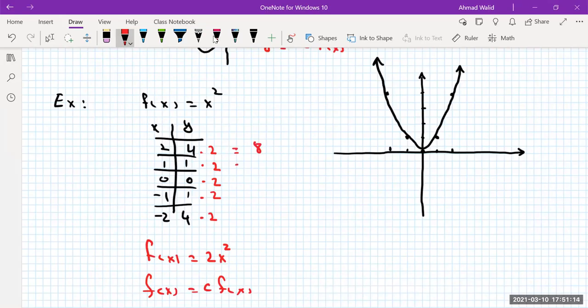It gives you 0, 2, 8, 2, 8. Now, when x is 0, y is 0. When x is 1, y is 2. When x is 2, y is 8, somewhere here, correct? And -1 and 2, -2 and 8. You see the graph opens narrower, or actually stretches vertically.